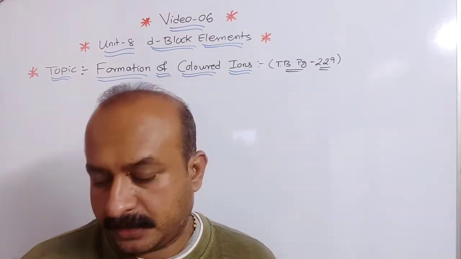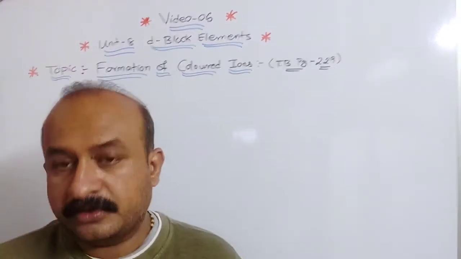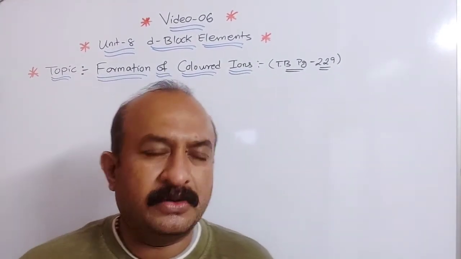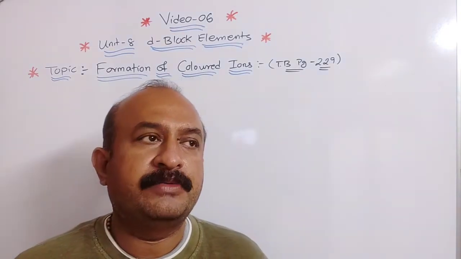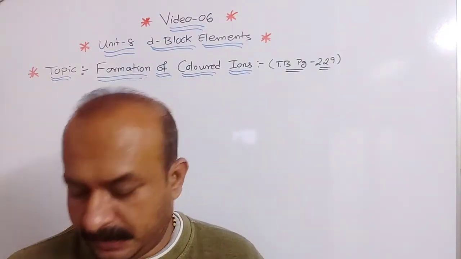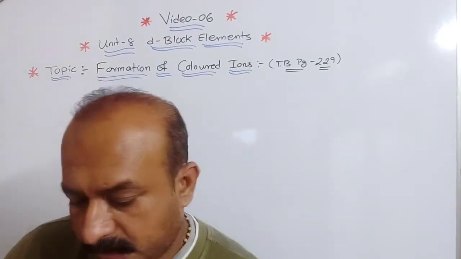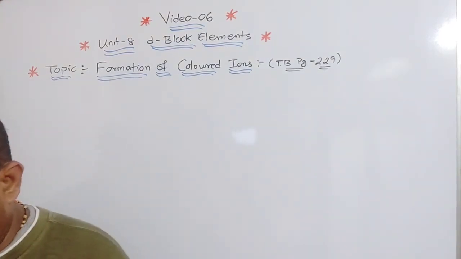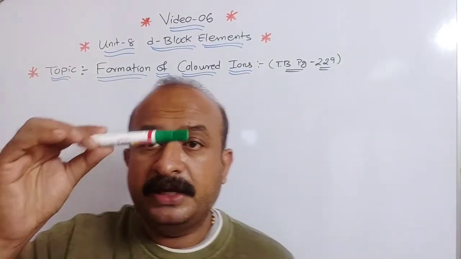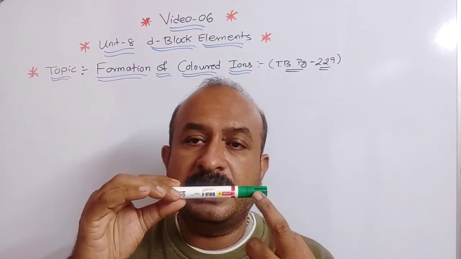I think you must have seen the Newton wheel that you heard about. Now if you see this green color marker, why can you see this as a green color?